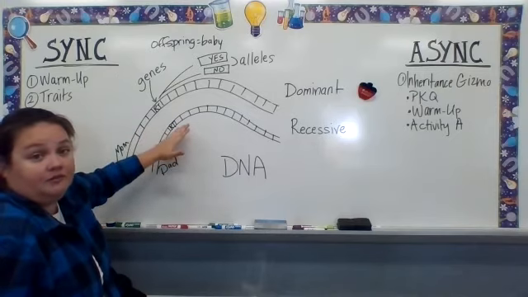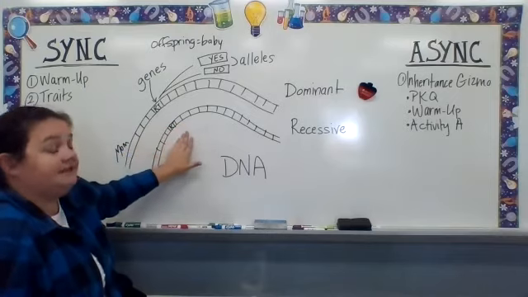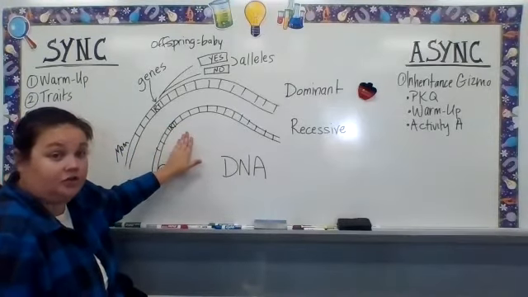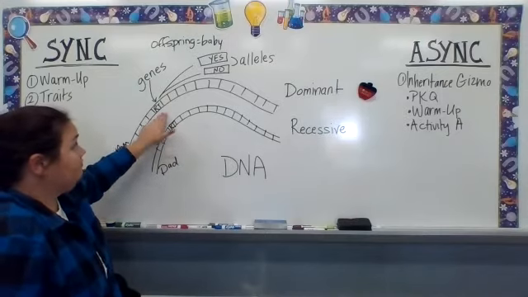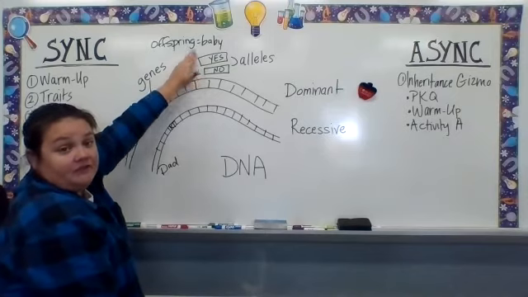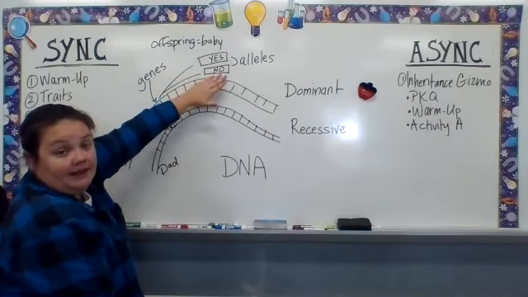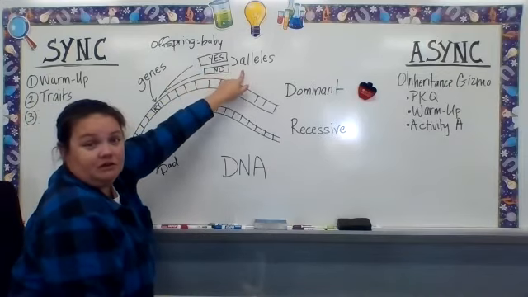Thumbs up if you're with me. Okay. You can have different versions of those genes. You may have, for example, tongue rolling. You may have the gene that says, yes, you can, or you may have the gene that says, no, you can't, and these are called alleles. Different versions of the same genes are called alleles.